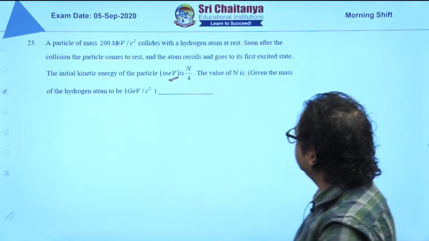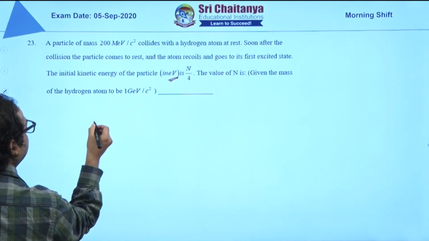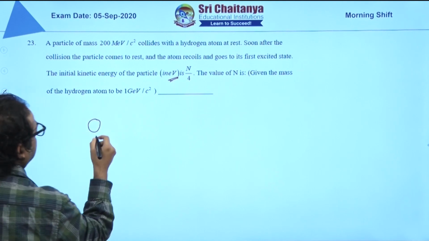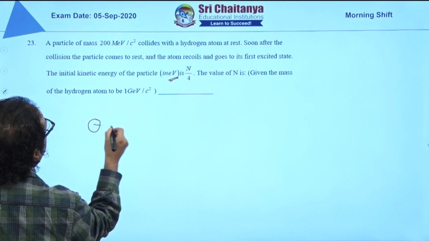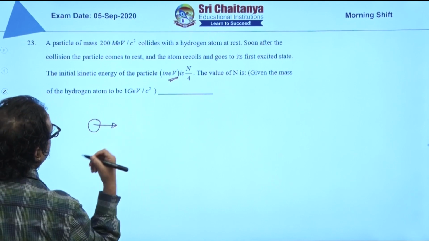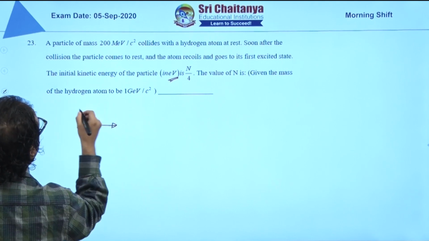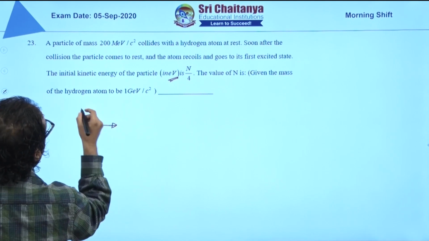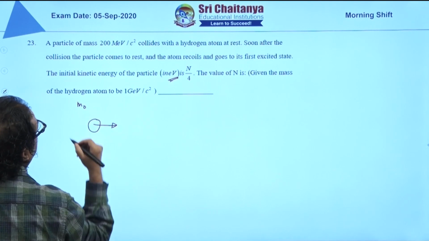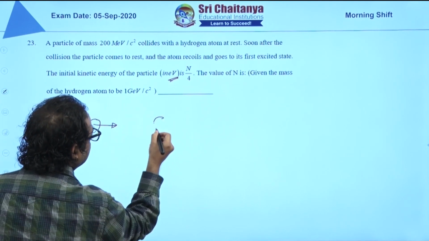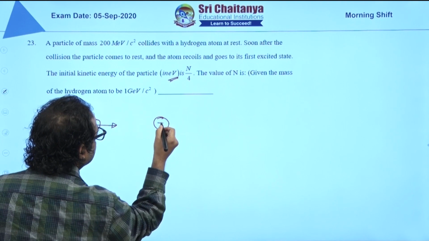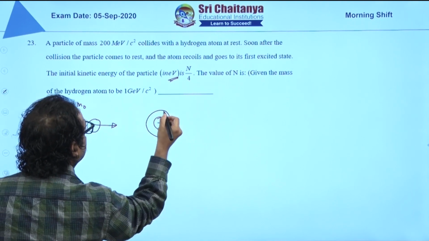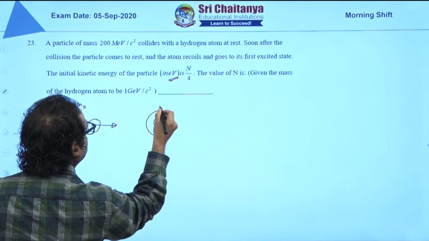What is the situation? You are given a particle moving with a certain velocity, and its mass is given. Let the mass of the particle be m naught. It collides with a hydrogen atom, which definitely has one electron.